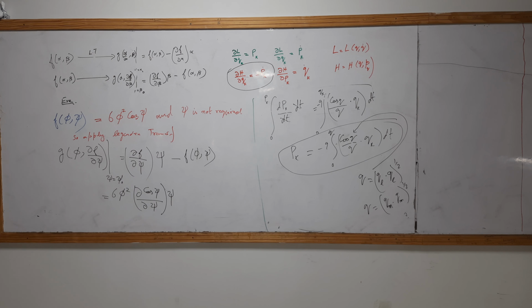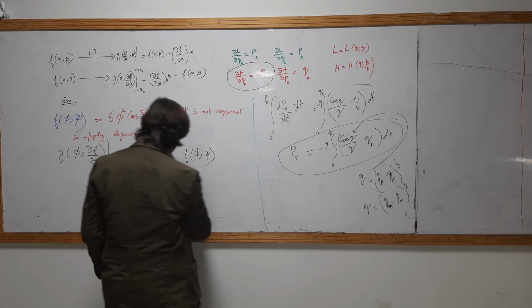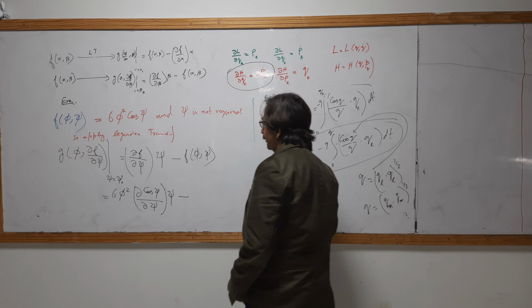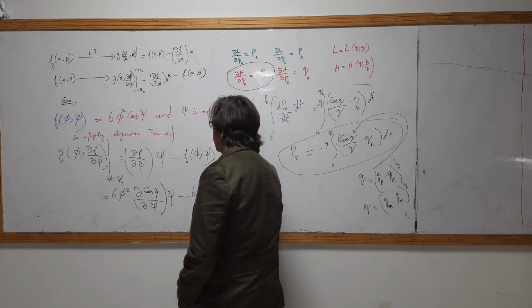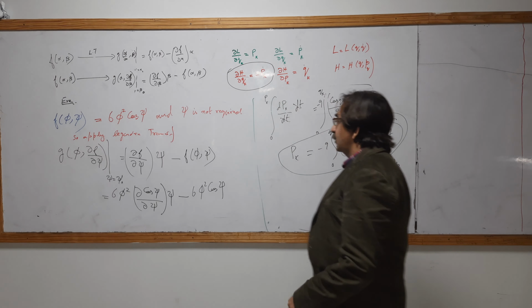This phi here, partial cos phi and phi minus, becomes -6 phi square. Yes, -6 phi square cos phi. Okay.